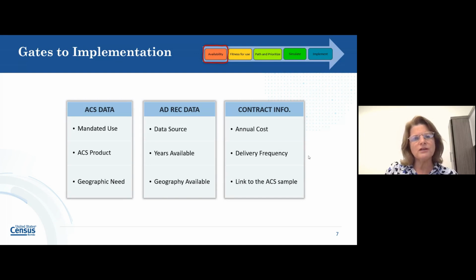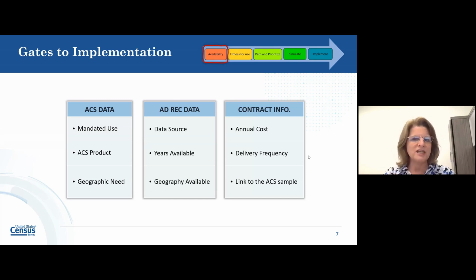So the first gate is availability. Like, we know what topics are on the ACS. We know the mandated use for the topic, the product, and the geographical level that we publish the data. So now we're saying, okay, what admin records are available that could maybe replace that?